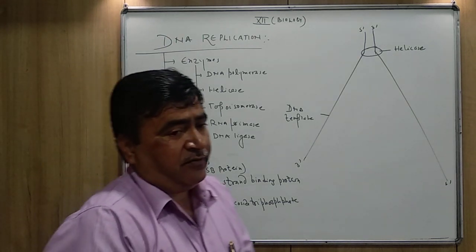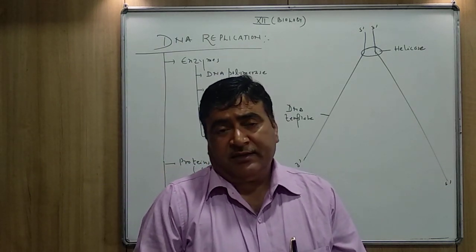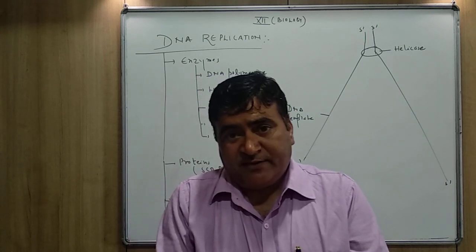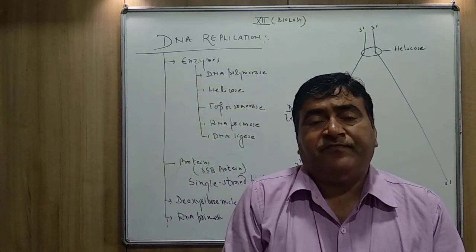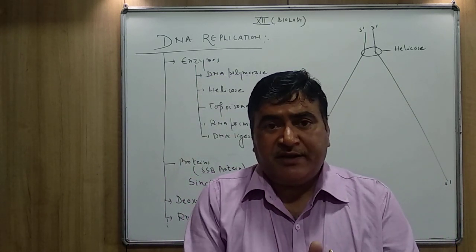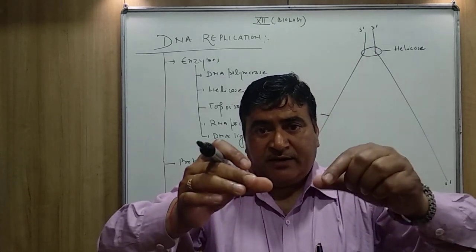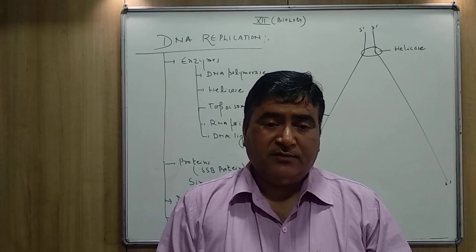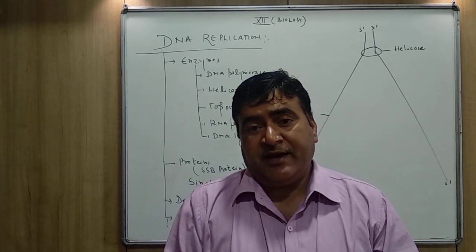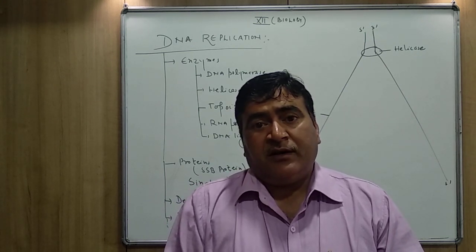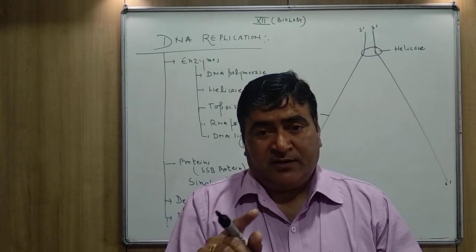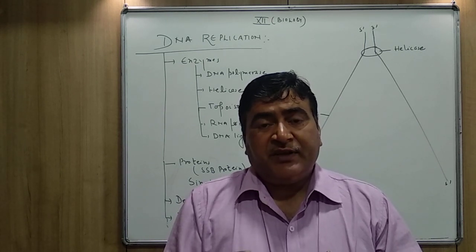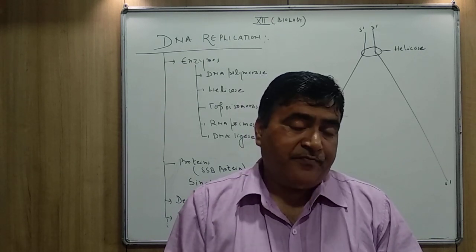At the time of the formation of the replication fork, when the duplex DNA is separated to form this Y-shaped structure in the presence of helicase enzyme, the upper side of the duplex DNA is going to be supercoiled.